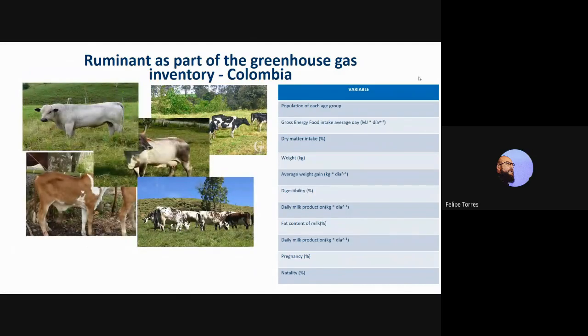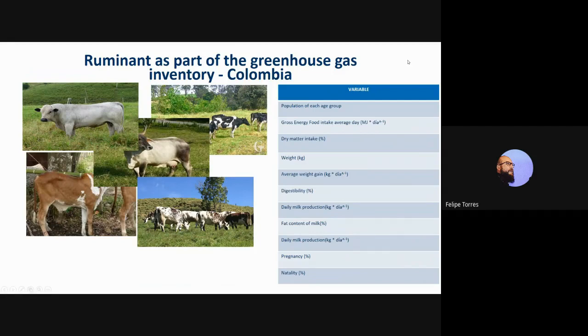In the first bar we have just seven emission factors from seven age groups of animals for the whole country. We estimate different variables such as population, dry matter intake, average weight, and digestibility, to estimate the emission factor for each age group for the inventory.